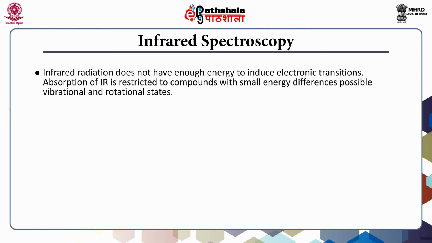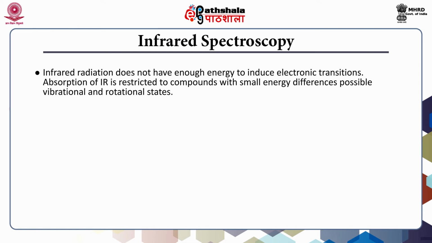Absorption of infrared is restricted to compounds with small energy differences, possible vibrational and rotational states. For a molecule to absorb infrared, the vibrations or rotations within a molecule must cause a net change in the dipole moment of the molecule.